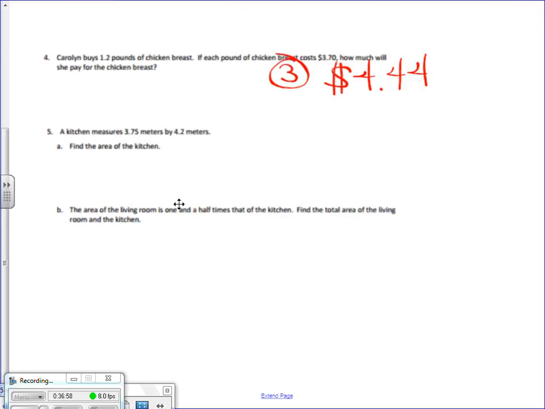A kitchen measures, another real world problem. A kitchen measures 3 7/75 meters by 4 2 meters. Ooh, area. Do you know what area is?